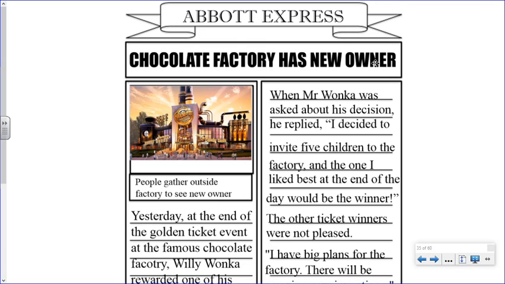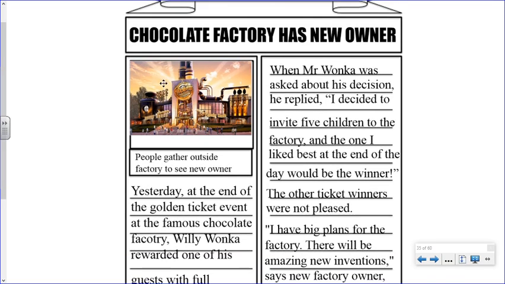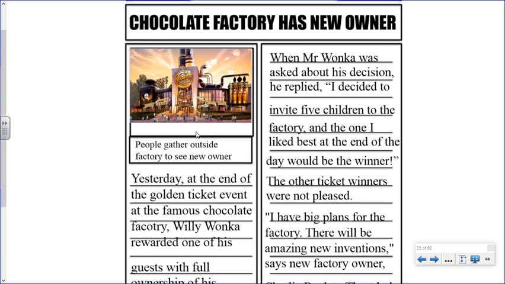Now, my headline is Chocolate Factory has new owner, and I definitely think you can come up with a more exciting headline than that. Okay, then for the picture, you can draw a picture here, maybe of Charlie and Willy Wonka shaking hands in agreement. It could be anything, but make sure you do include a caption. Okay, so I just put people gathering outside the factory to see the new owner.